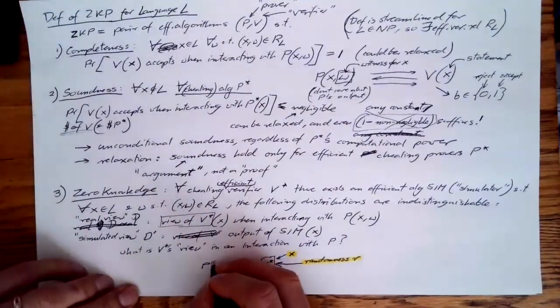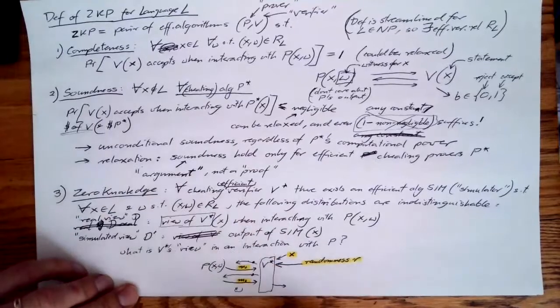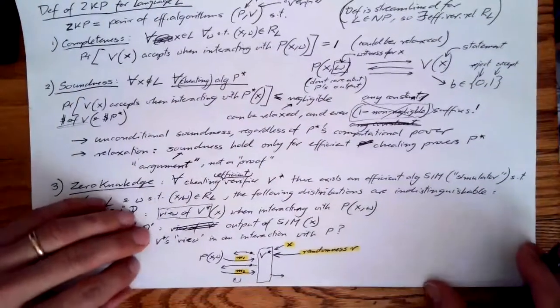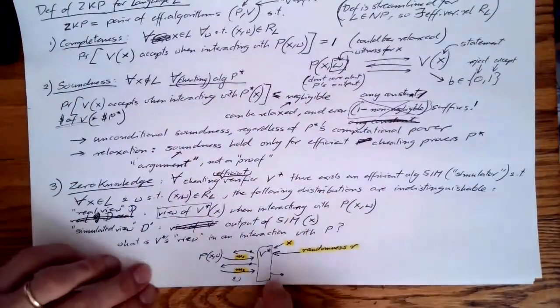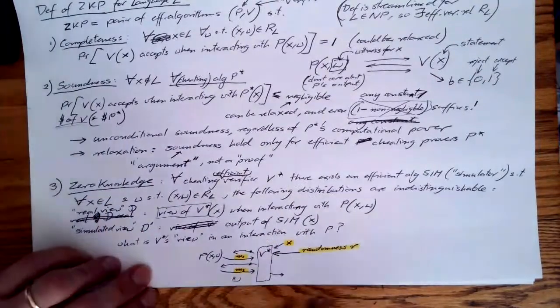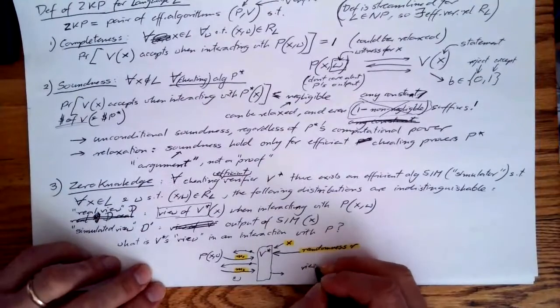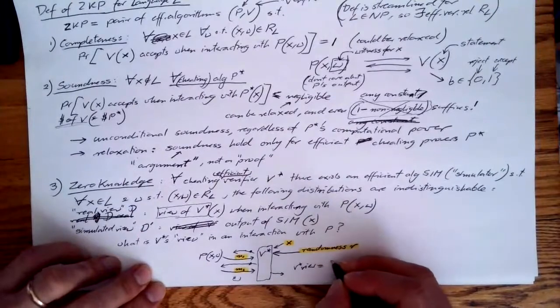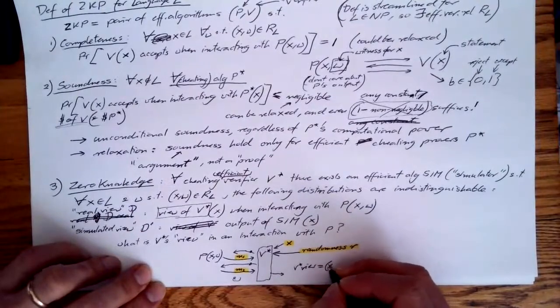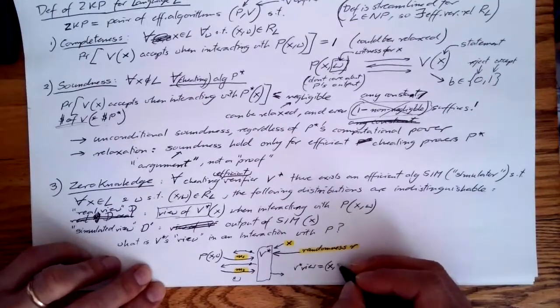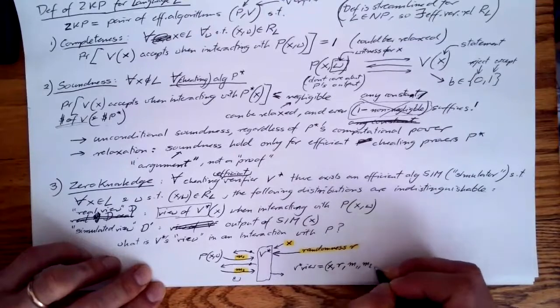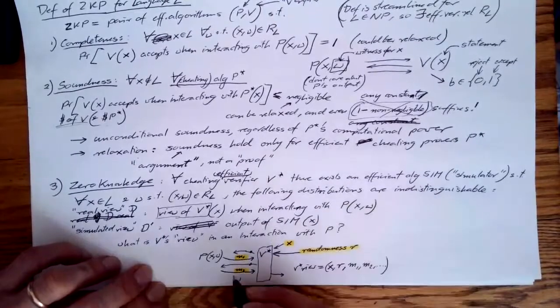So P in here has inputs X and W, right? So what zero knowledge asks is that the distribution of the yellow stuff, that is the view of V star, is here, well, say X, randomness R, and messages M1, M2, ... sent by P.